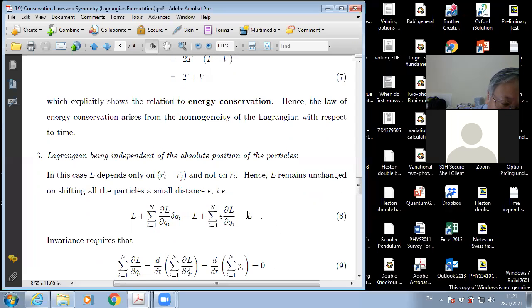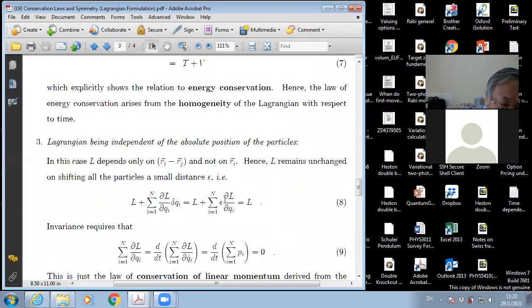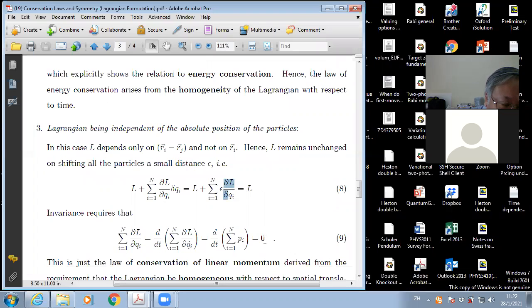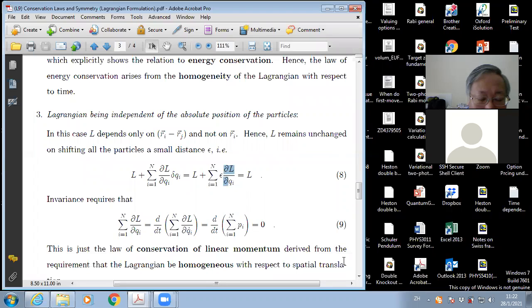So we require that L plus this infinitesimal correction equal L. In other words, we have to require the sum over i of ∂L/∂qi equal to 0 automatically, okay?